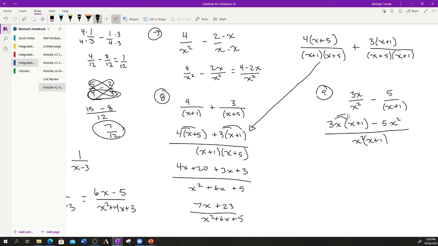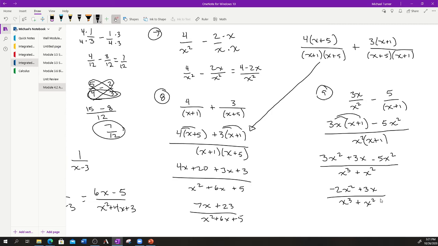You'll then distribute your 3x to get 3x squared plus 3x, and that's minus 5x squared. In the denominator, I'll distribute the x squared to get x cubed plus x squared. And then in the top, because I have like terms, 3 minus 5, I get negative 2x squared plus 3x, and that is over x cubed plus x squared.